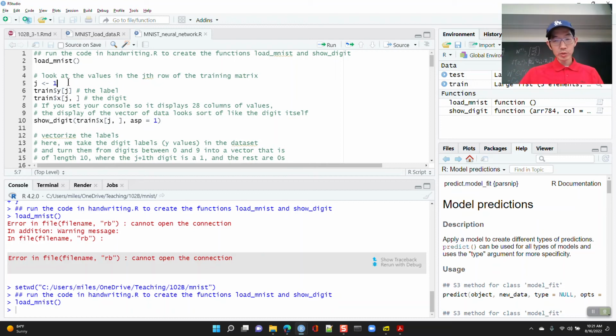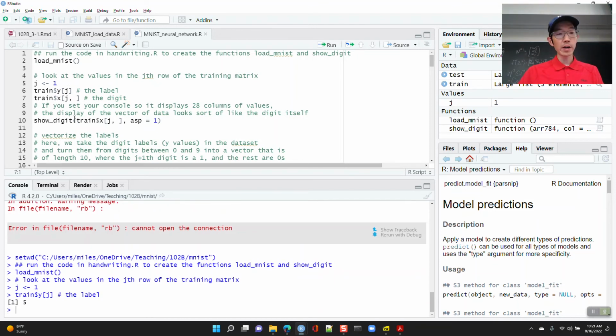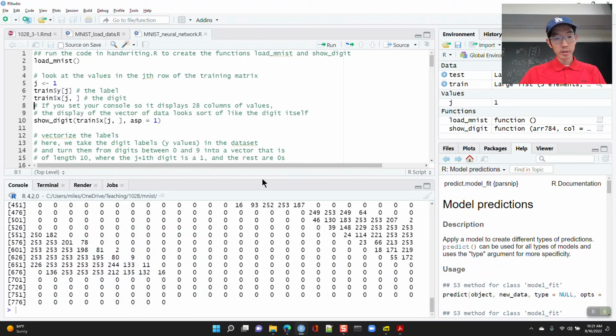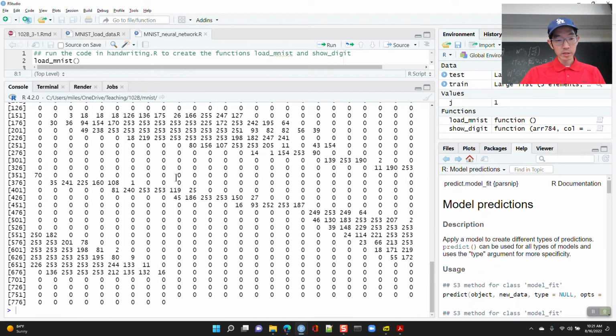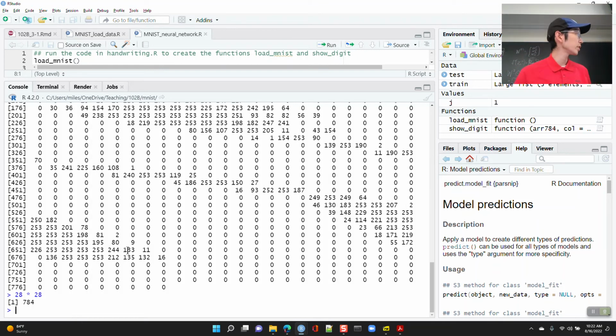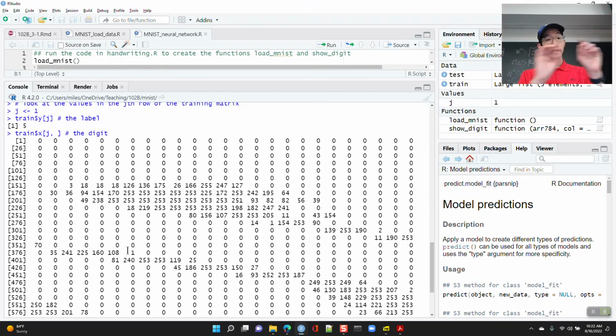So we'll look at the first image in our data set. The label is a 5, and the data is just a vector of 784 values. It's a 28 by 28 pixel image, right? If you do 28 times 28, you get 784.